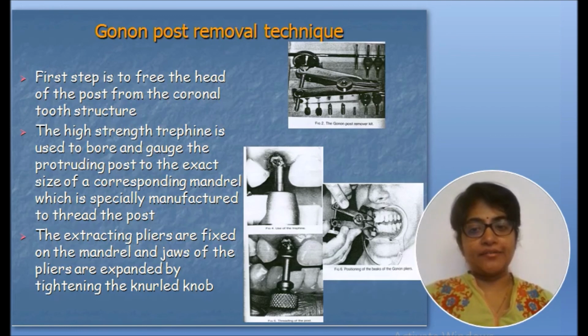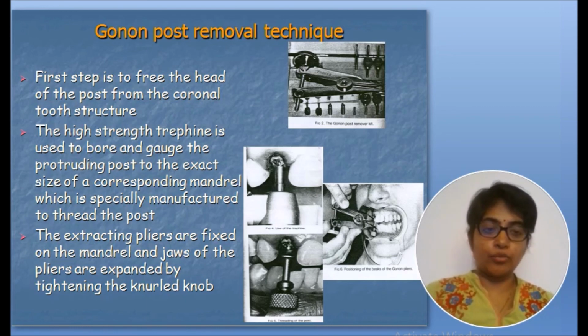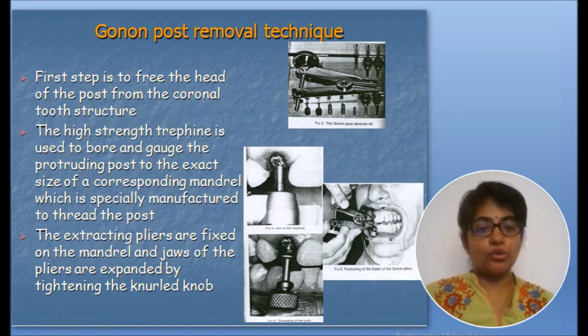The high strength trephine is used to bore and gauge the protruding post to the exact size of the corresponding mandrel, which is specially manufactured to thread the post, and the extracting pliers are fixed on the mandrel and jaws of the pliers are expanded by tightening the knurled knob. So this is the technique. So these are various ways in which we can remove the post once the diagnosis is that the restoration has failed, and we can redo it without much damage to the tooth structure.